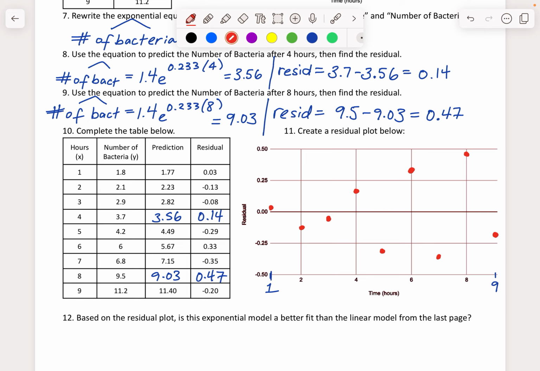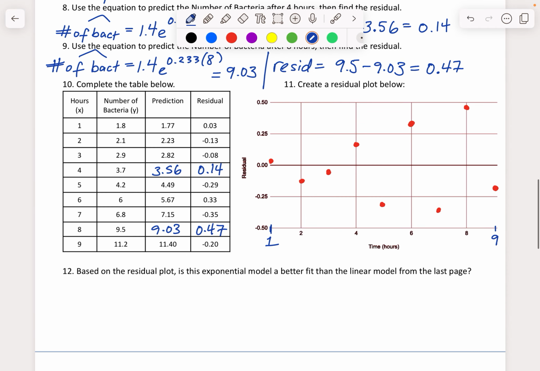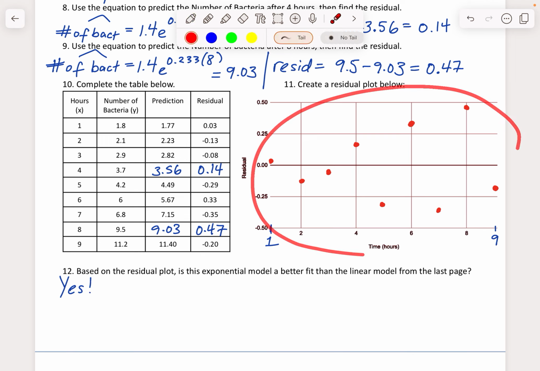It says, based on this residual plot, is this exponential model a better fit than the linear model from the last page? We're going to say, yes, it is. Most definitely. Even though some of you might be like, well, isn't there kind of a diverging pattern? Maybe, if you really looked at it hard.